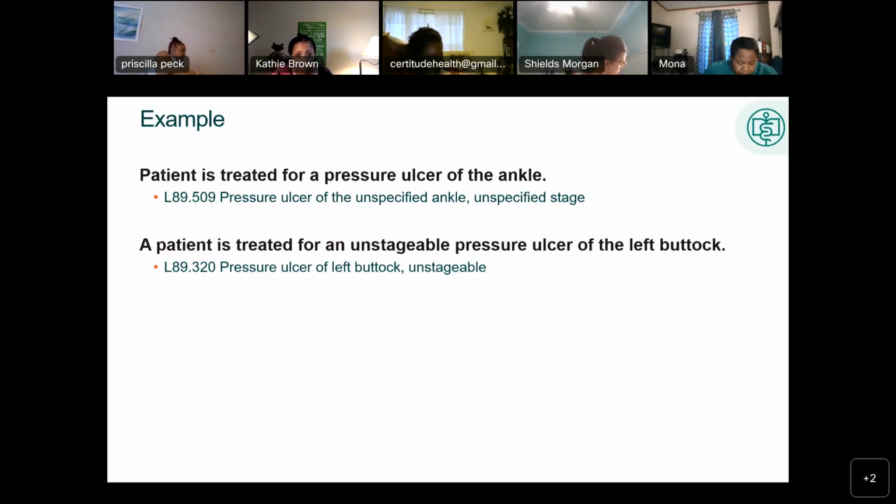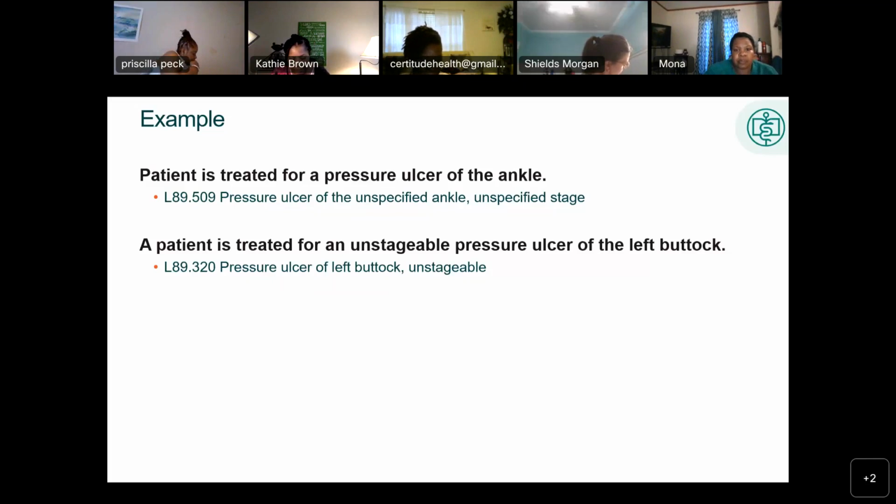So it's the pressure ulcer of unspecified ankle because the example didn't specify whether it was right or left, correct?